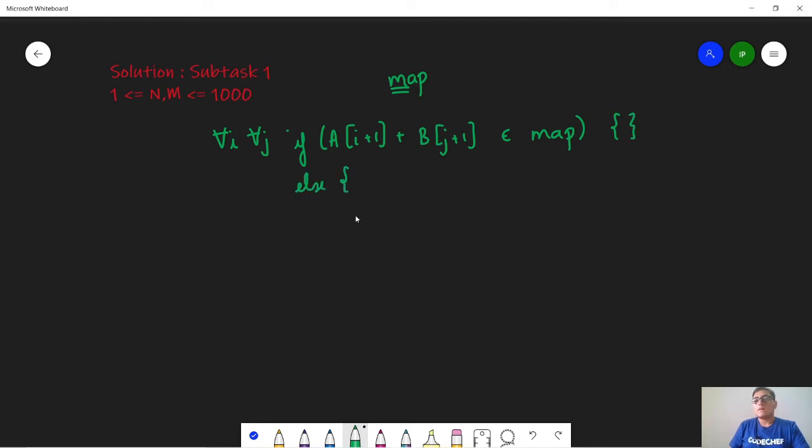Else, we will add the pair i j into our answer. And if the size of this answer is equal to n plus m minus 1, then we break out. Lastly, we need to add the sum to our map.